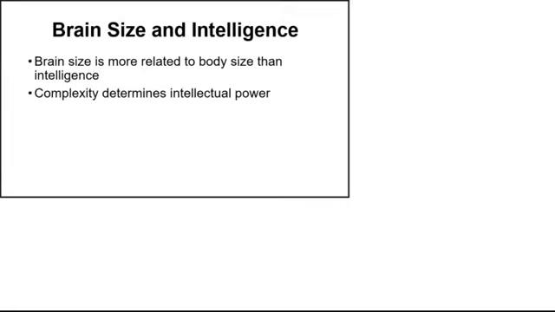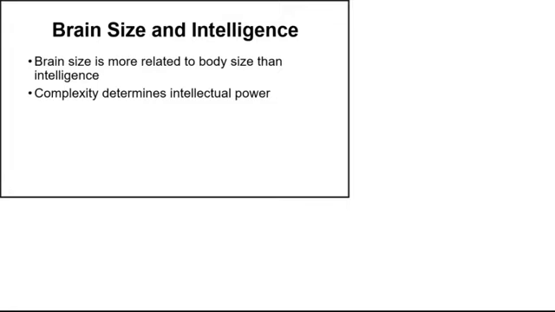All right. So the next thing I want to do is take a brief pause and talk about brain size and intelligence. Now, mostly people have this underlying assumption that having a larger brain should correlate with being smarter. So larger brained creatures should theoretically be smarter. But there are a lot of species that have much larger brains than us.